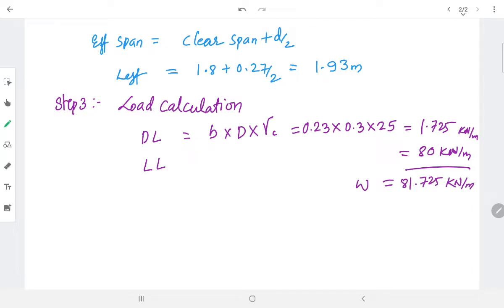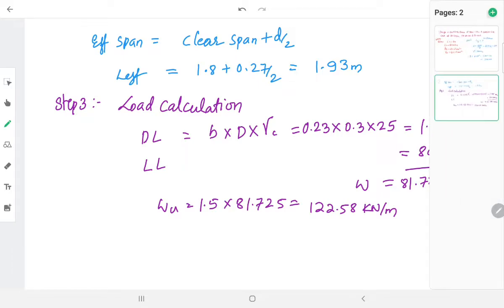This is the working load acting on the section. So Wu is equal to 1.5 times 81.725, which is 122.58 kilonewton per meter. This is the ultimate load acting on the section.